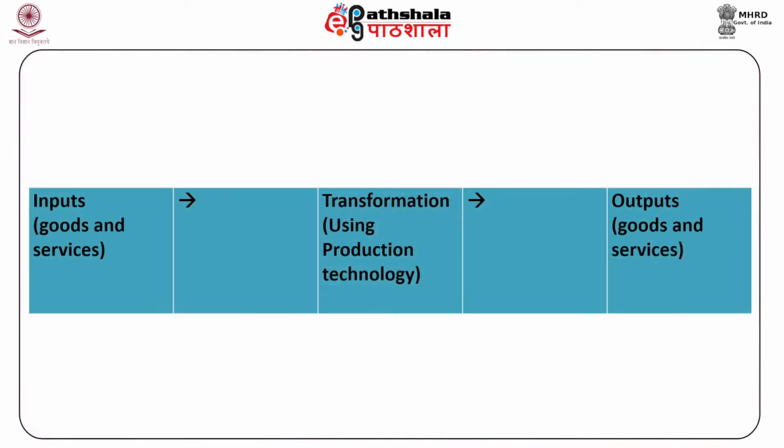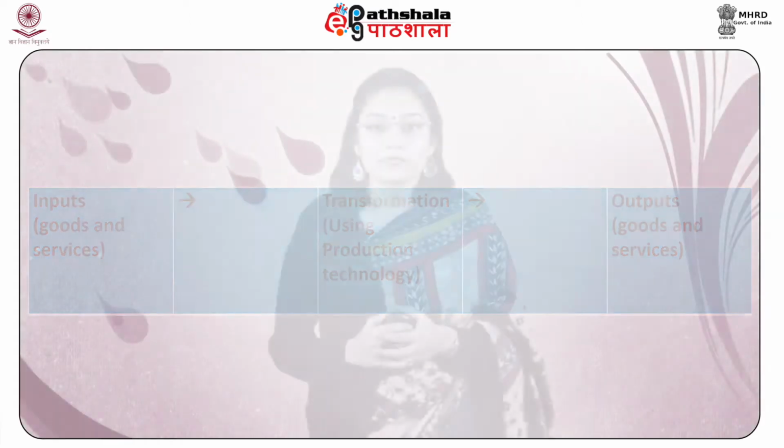Recall, the production done by a producer can be defined as an activity which combines inputs or factors of production, that is goods and services, with the production technology to make other goods and services which are known as outputs. Production process: inputs get transformed into output. So, the production process is defined as a transformation of a set of inputs into a number of outputs.